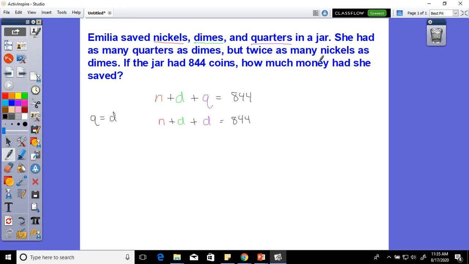Okay, now the next thing they tell us is twice as many nickels as dimes. So what that tells us is the number of nickels is equal to 2D. All right, the number of nickels is twice the number of dimes. So what that means is now we can replace N with 2D.